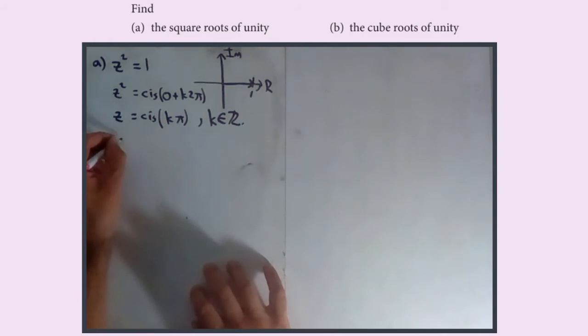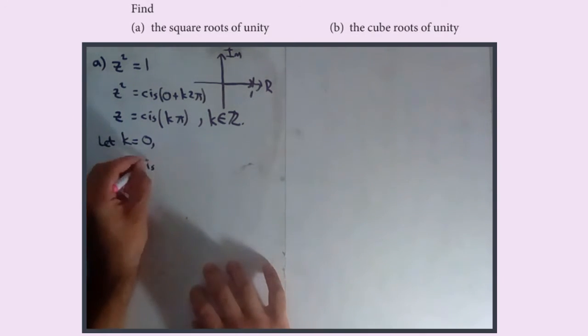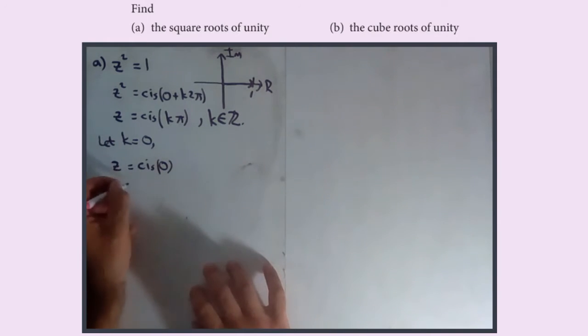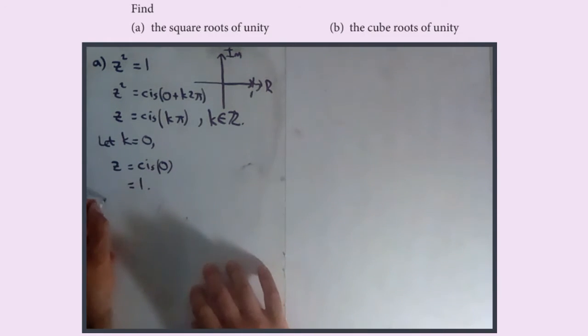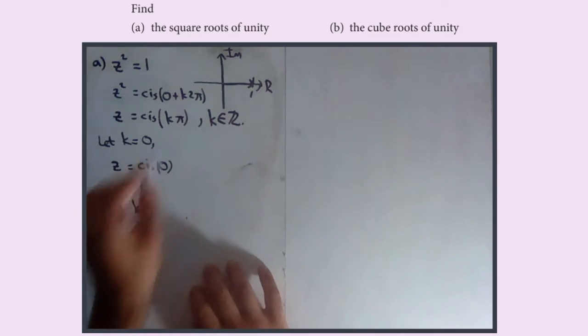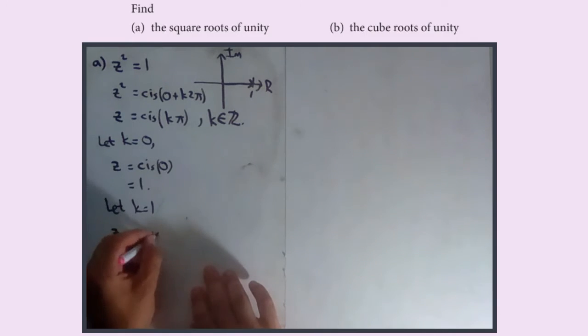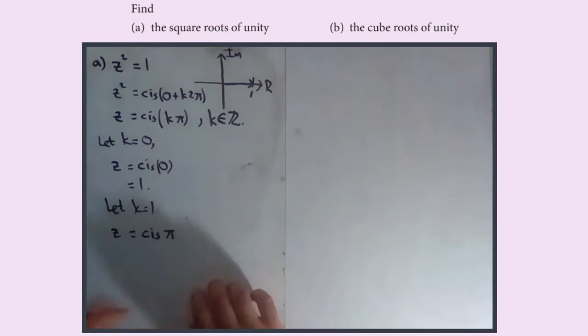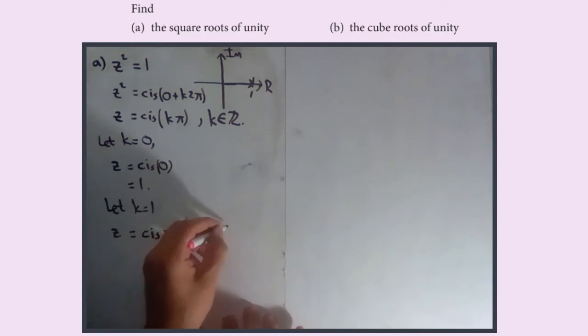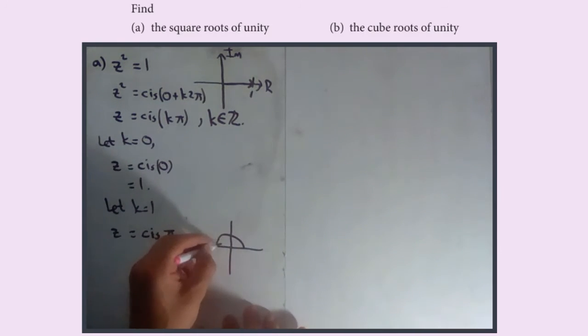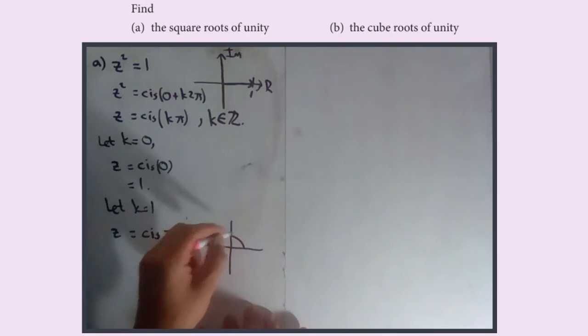So let k equal 0, so that would mean z equals cis 0, which is 1. Let k equal 1, z equals cis pi. If we think about that, pi is over here, right? Could even draw a circle.